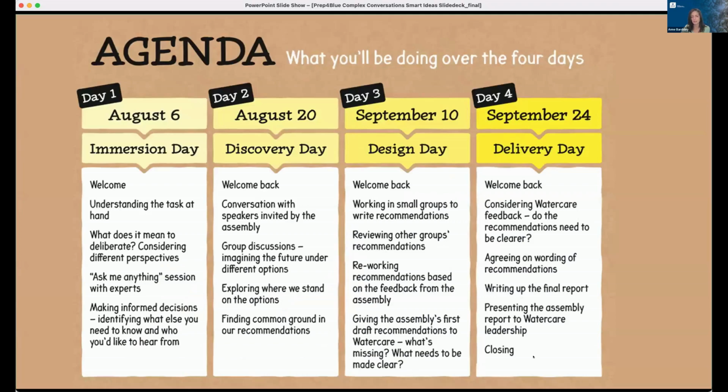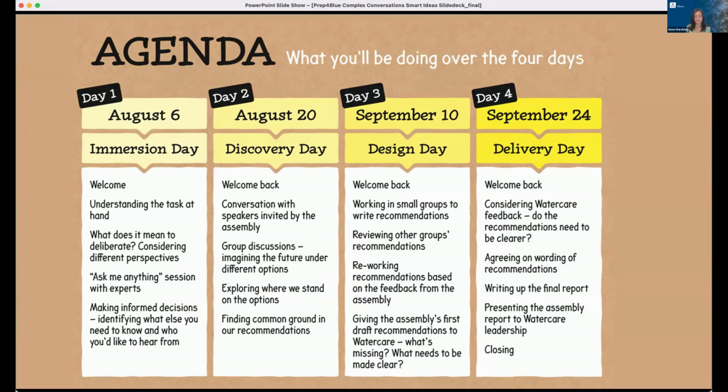And our agenda over the 4 days was firstly an immersion day where they were trying to understand the question. They had an Ask Me Anything session with experts and some learning sessions, and talked a lot about actually how they would even discuss and go through this to the point where they would be able to make recommendations.